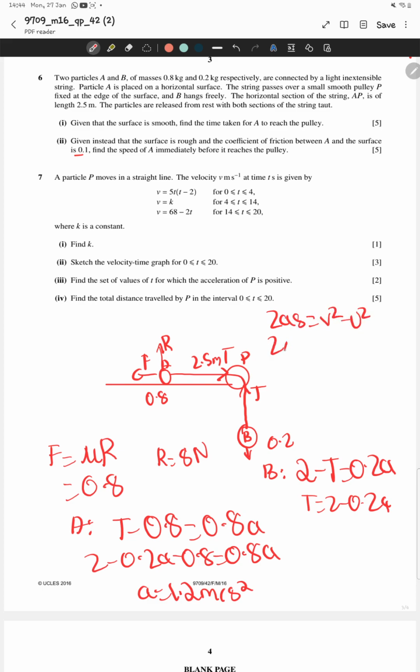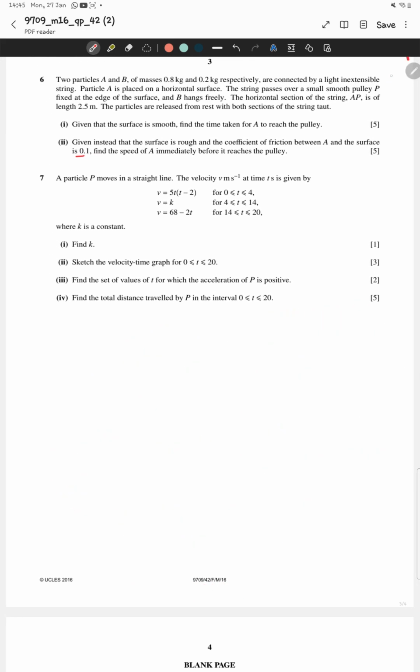So 2 times 1.2 times 2.5 equals v squared, because u is just 0. So v is 2.45 meters per second. That is that question done.